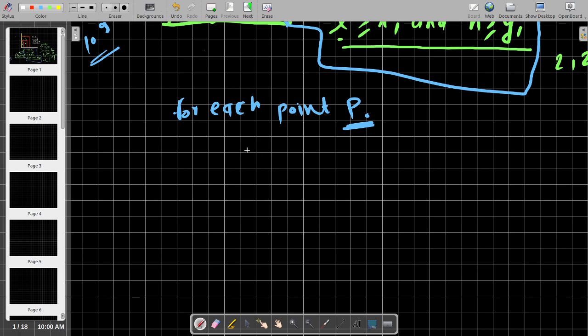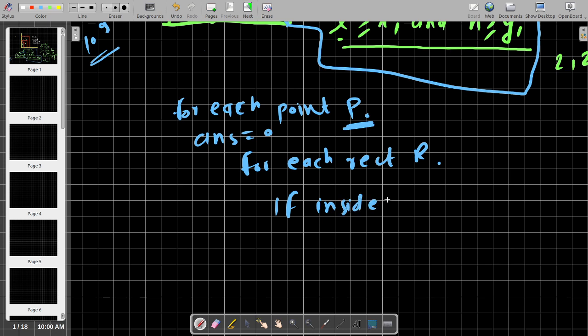So for each rectangle R, let's say the answer is 0, and if P is inside R, then we do answer plus plus, or plus equal to 1, and there must be some vector or array list, and we could push back to it.